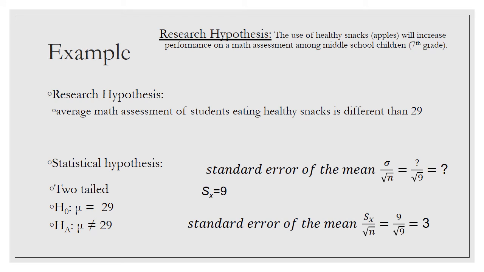So the estimate of the standard error of the mean is going to be 9, our sample standard deviation, divided by the square root of 9, which is 9 divided by 3, which equals 3. So a slightly different value than before. But now, instead of conducting our hypothesis testing using known values for standard deviation, we're using the estimates that we have given our sample.